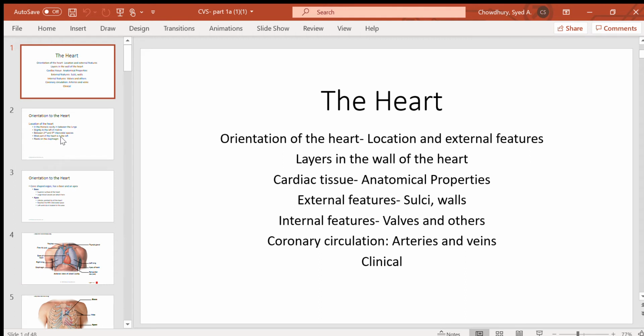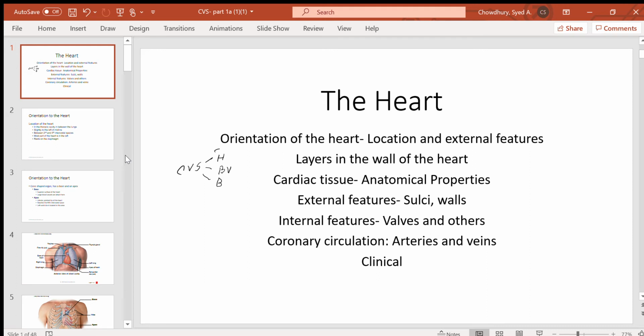So you know that the cardiovascular system consists of the heart, blood vessels, and the blood inside the heart and the blood vessels. We talked about it in the last lecture.